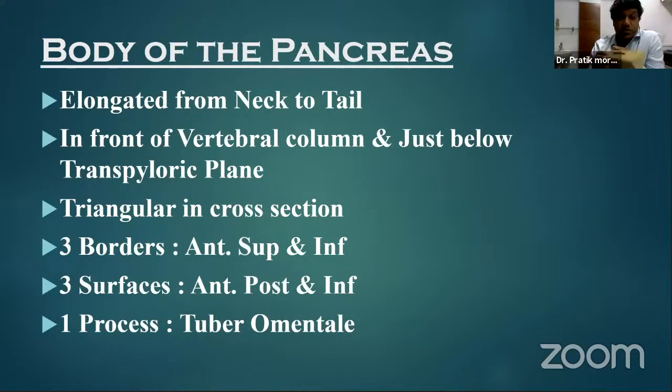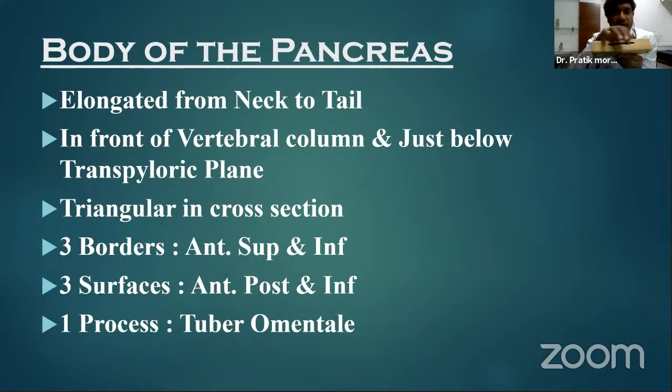Okay, why so? Because one border is anterior, which is present in the front. One is superior and obviously the remaining one is inferior. Anterior, superior and inferior, 3 borders. And the surface between the anterior border and the superior border will be present on the anterior aspect.